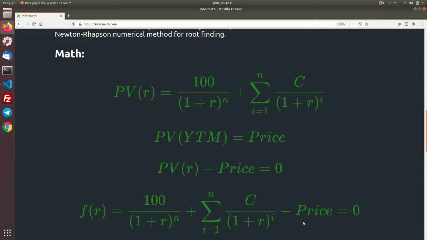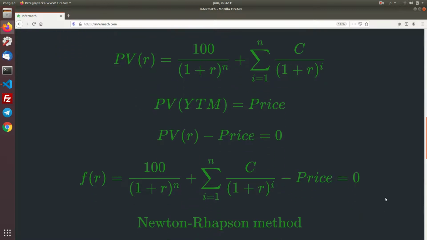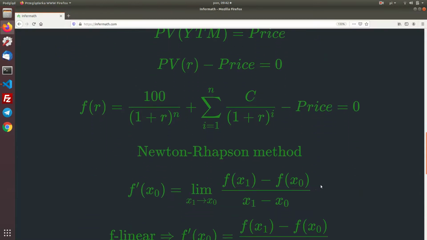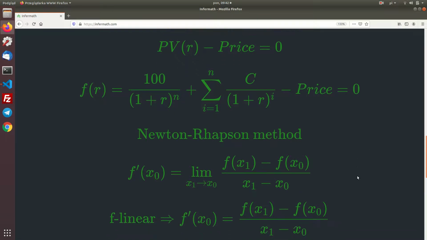A polynomial of order n is not exactly the easiest thing to find analytical roots of. So what we're going to do instead is use the so-called Newton-Raphson method. This is a numerical method that we use for root finding of nonlinear functions.